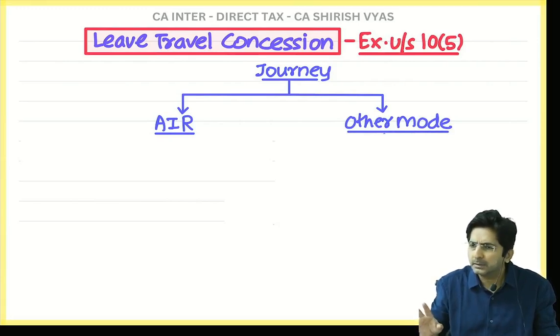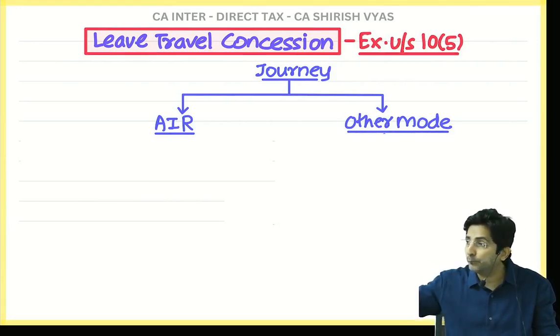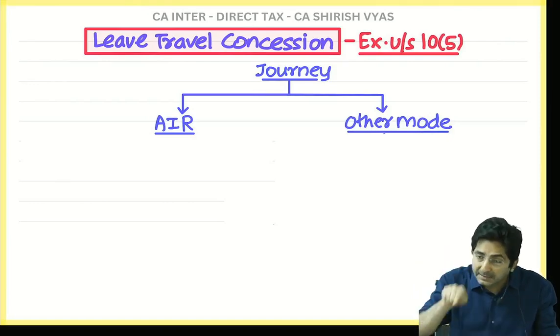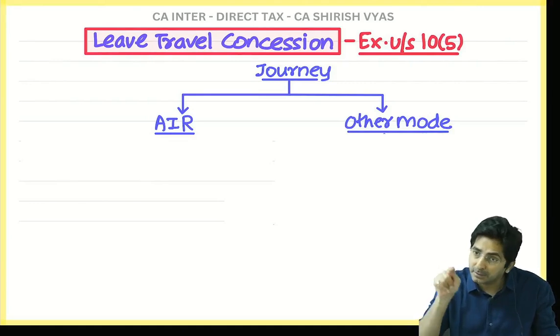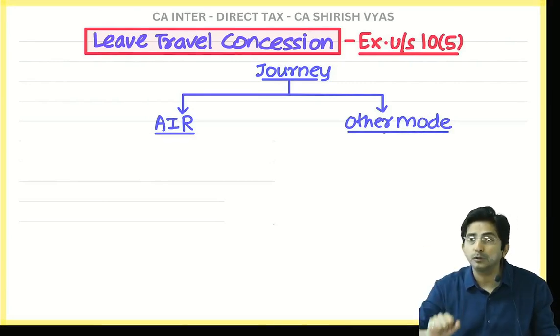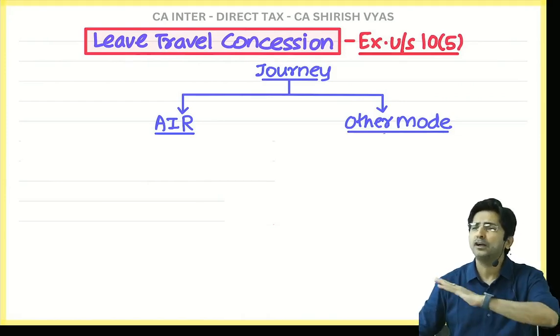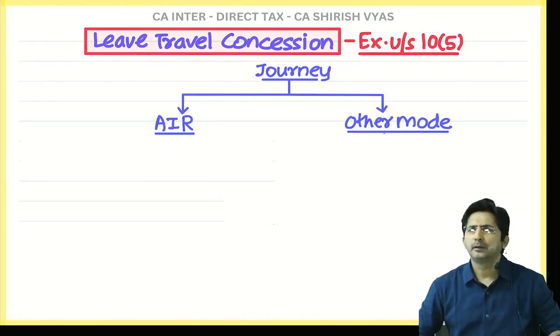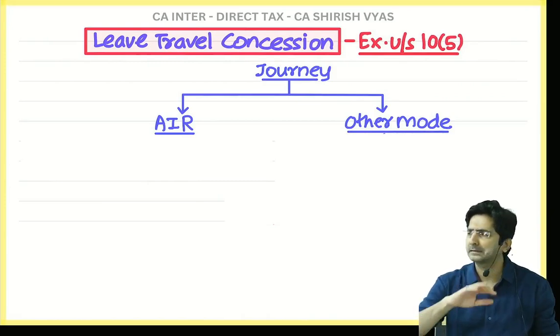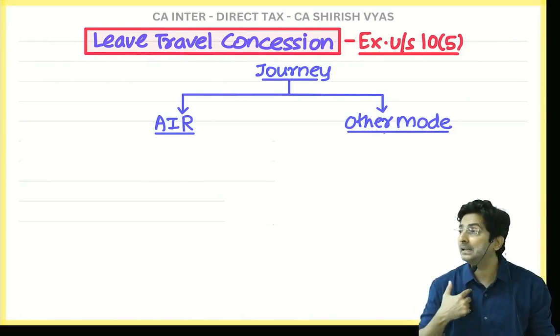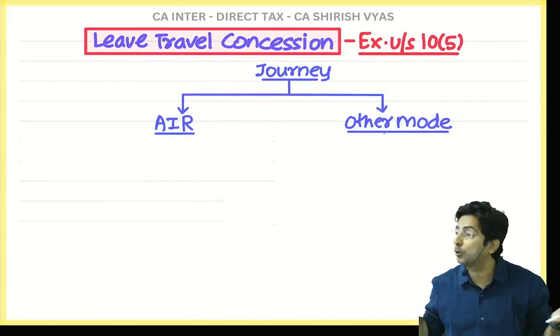Okay. But see, these standard fares are the maximum exemption. If you spend less, then exemption will be less. Sometimes you know what happens, government is saying we will exempt you up to first class AC rail fare. But he went by sleeper class. See, first class AC rail fare is the limit of income tax law.